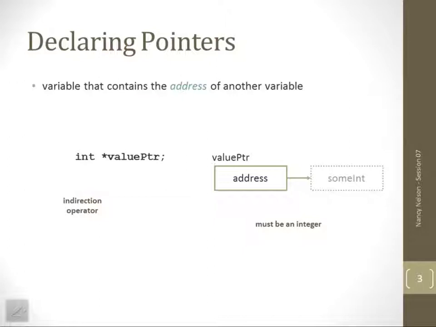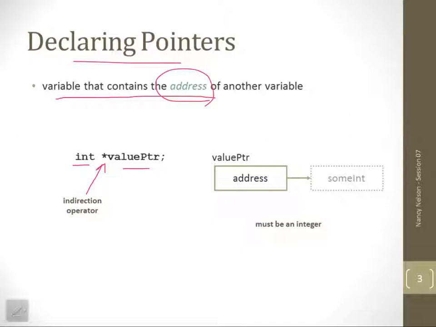As with any other variable that we're using in our program, we have to declare a pointer before we can use it. And as I said on the last slide, a pointer is simply a variable that contains an address instead of data. So how do we declare it? We say what kind of data it's going to point at. We use the indirection operator, which is the star, and then we provide the name.